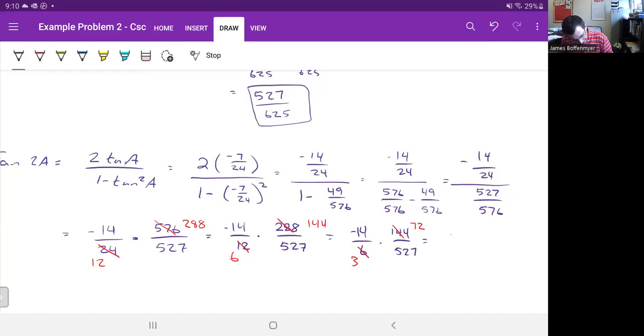So that means we would have negative 14 over 3 times 72 over 527. Hey, guess what? They're not even numbers, but 3 and 72 can go into each other. 3 goes into 3 only one time. 72 divided by 3 gets us 24.